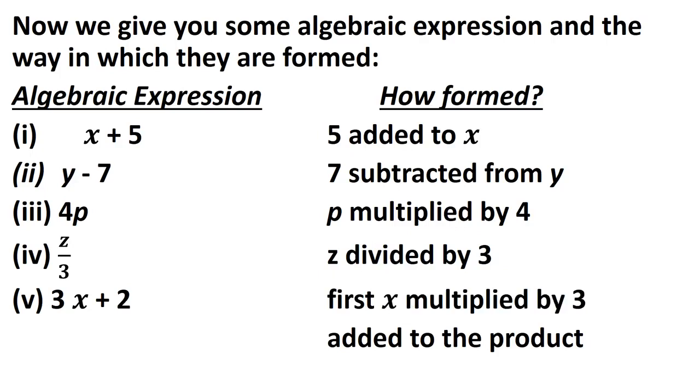Now see in this 3x plus 2, that means first of all we have multiplied 3 by x, and then in the result we have added 2. Now see how it has been formed. First x multiplied by 3, then 2 added to the product. So these are some of the examples of algebraic expressions and how they are formed.